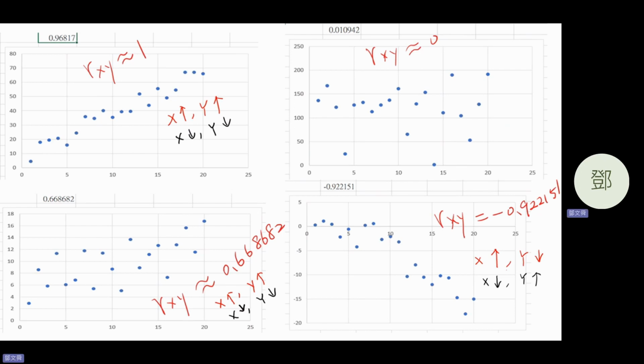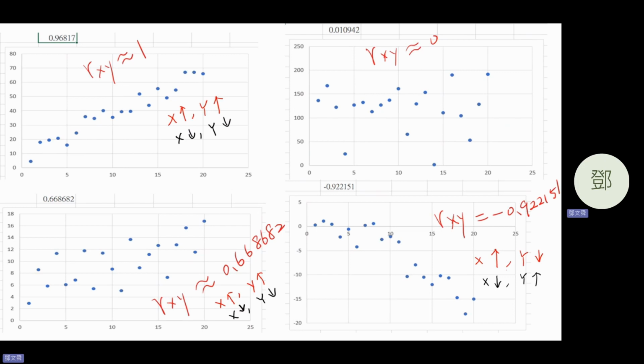So what about this? The relation is also strong because it is close to minus 1: the sample correlation coefficient is minus 0.92215, which is very close to minus 1. Listen, the linear orientation is also very strong. X and Y also have a very strong linear relation, but they have opposite direction.